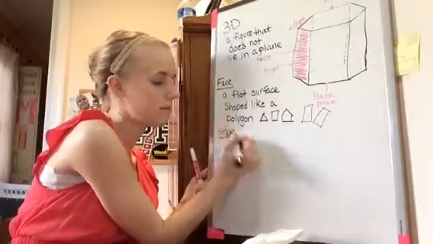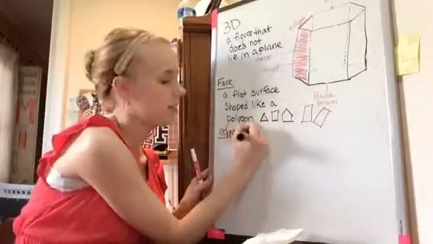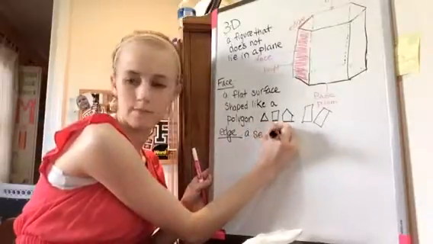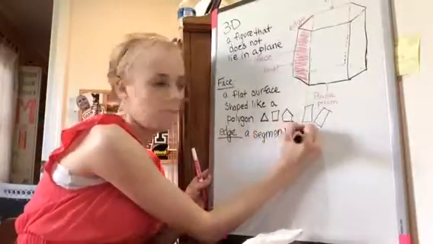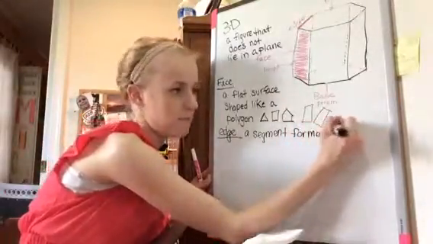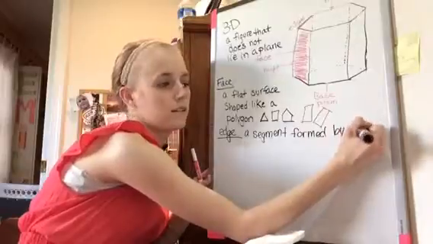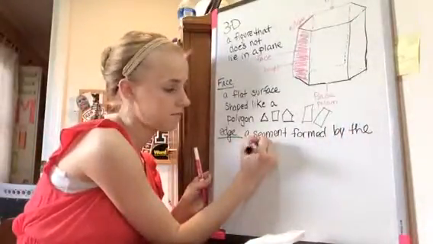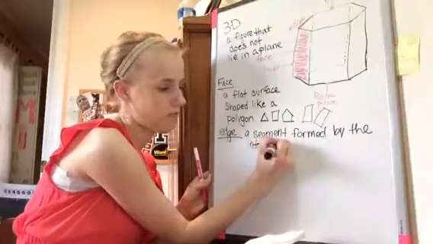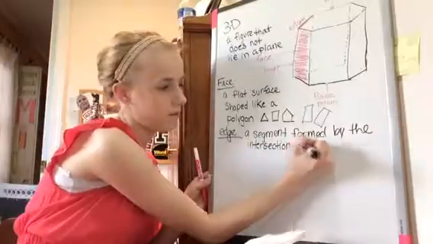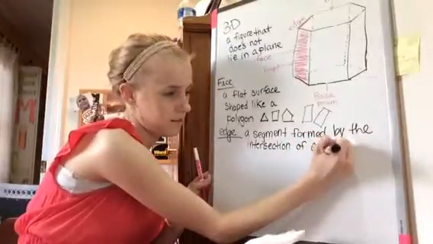All right, the next is our edge. An edge is a segment formed by the intersection, like on the road, of two faces.